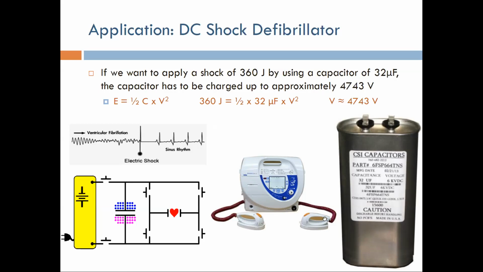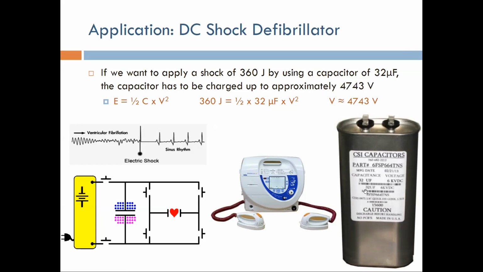The whole system is based on a capacitor like this. To know what voltage rating a capacitor like this should have, we should remember that energy is equal to 1/2 CV squared. This is an actual capacitor used in defibrillators.